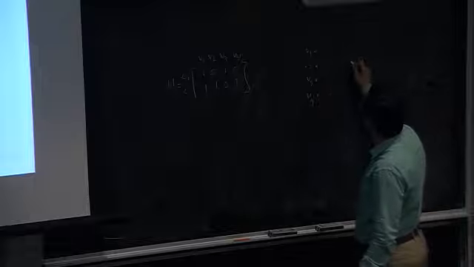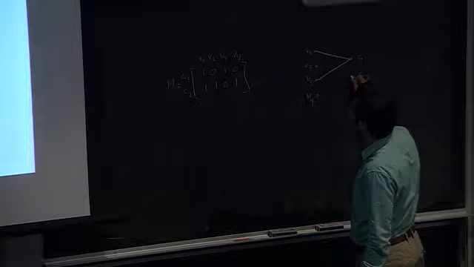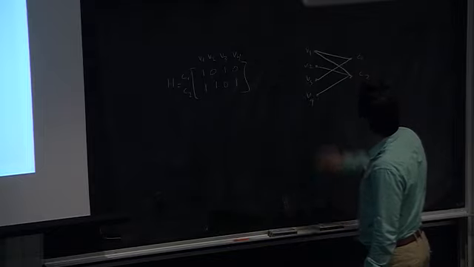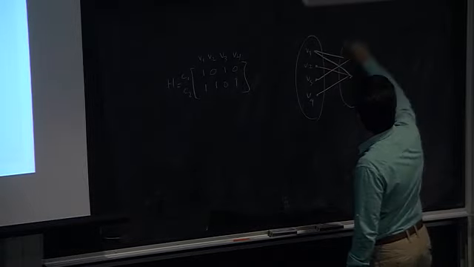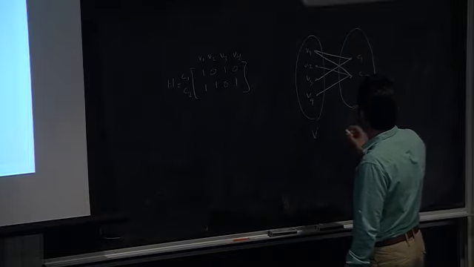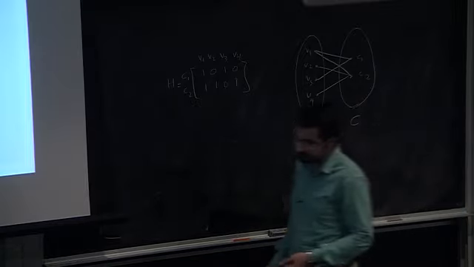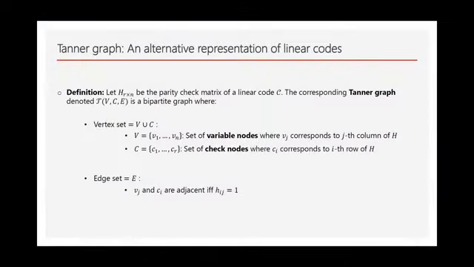So C1 is connected to V1 and V3, and C2 is connected to V1, V2, and V4. So this is our Tanner graph corresponding to this parity check matrix. This is actually useful for decoding purposes, and I won't be able to get into that, but it's quite useful.